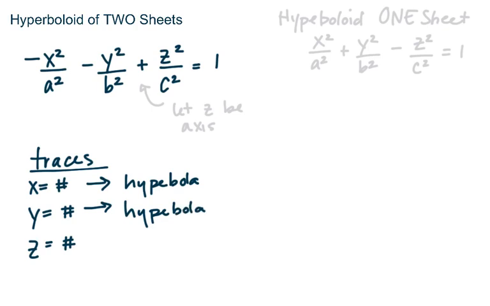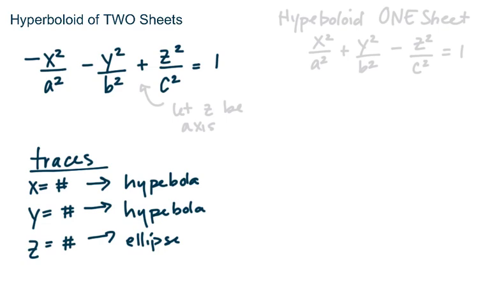And then lastly, if I let z be a number, I've got 2 negatives, so these are both the same sign. That's actually an ellipse. So we have 2 hyperbolas and an ellipse again, which were the same traces with our hyperboloid of 1 sheet.